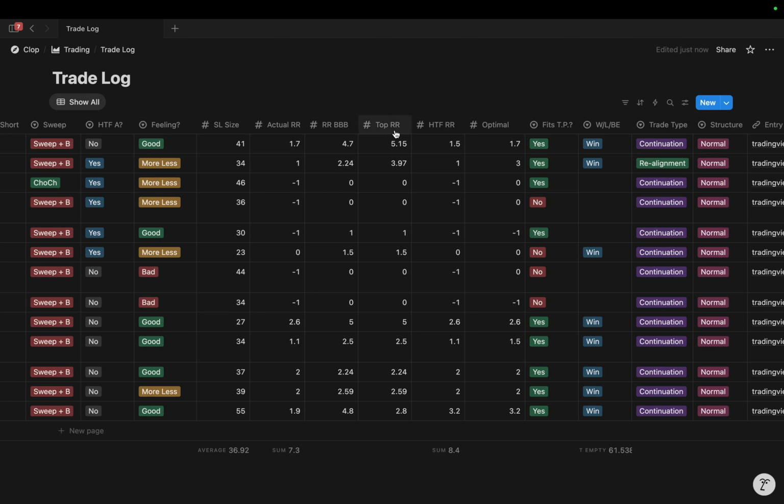And top RR is just the max point between your entry and your exit, right? That's the max RR between your entry and exit. It's literally capturing the tops and bottoms. Why does that work? Because you can adapt your strategy: okay, I think I'm taking profits too early on this, or I think I'm not taking partials on this because this is running.